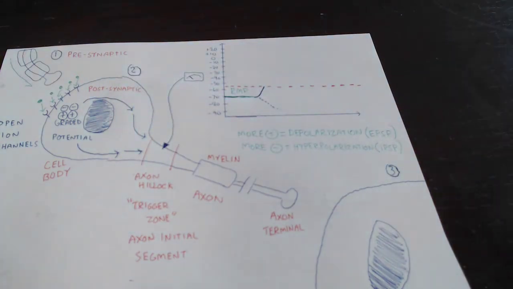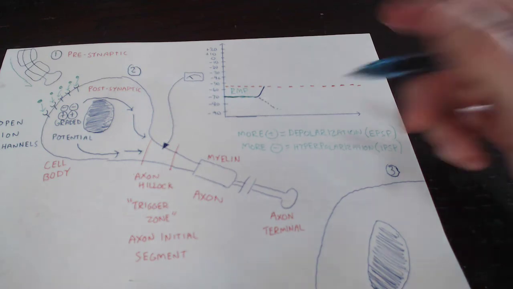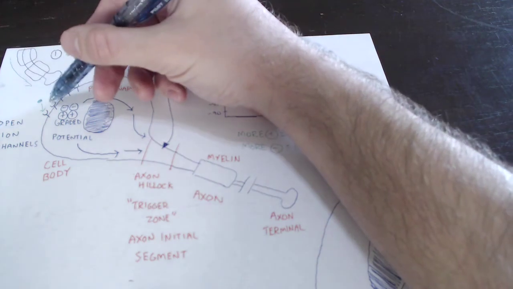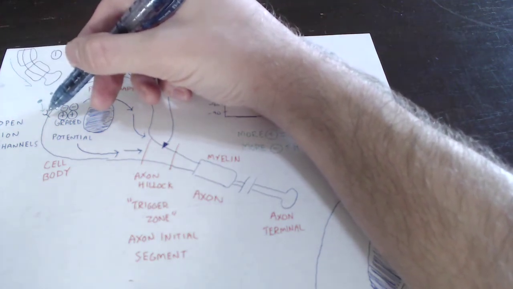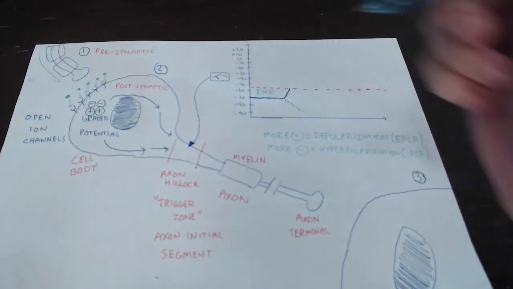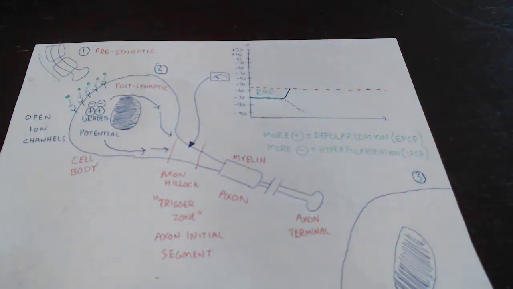Since we want the action potential, let's go ahead and assume it is an EPSP that we've worked with. Most EPSPs are going to be caused by neurotransmitters binding to receptors and opening sodium channels. Sodium flows from high to low concentration, from outside the cell to inside the cell. Positive charges coming in, the inside becomes less and less negative, more and more positive.